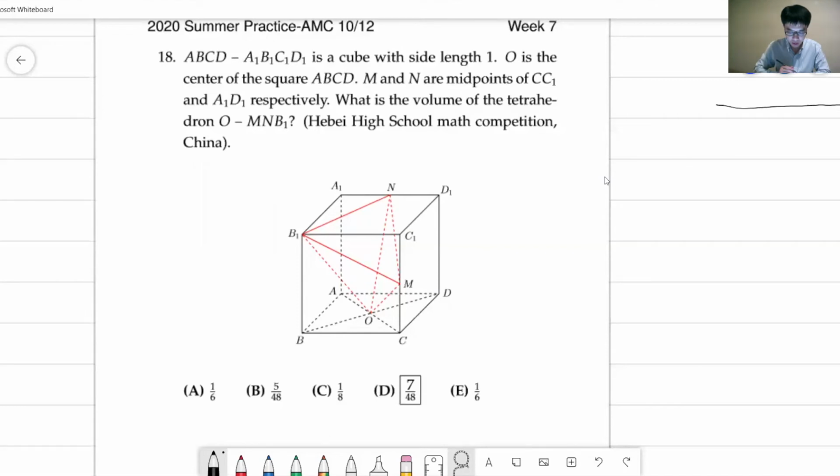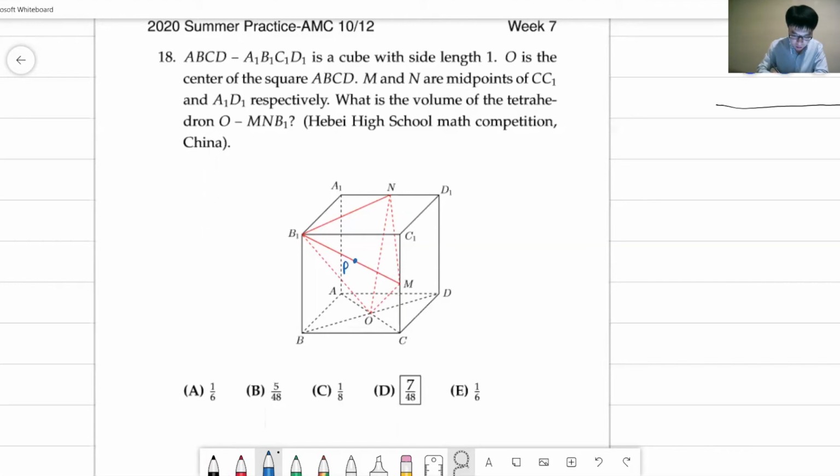So the idea here is to divide this tetrahedron into 2 smaller tetrahedrons. Let me call the midpoint of B1M to be P.